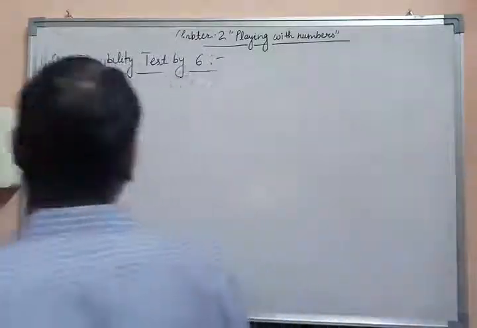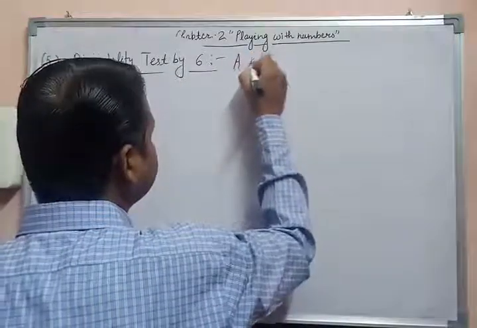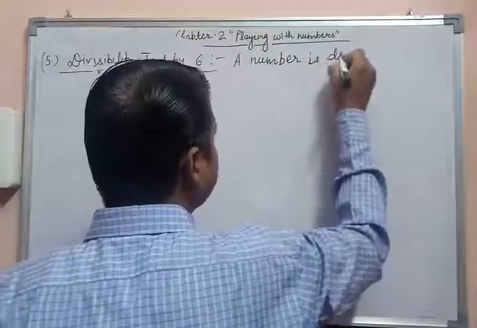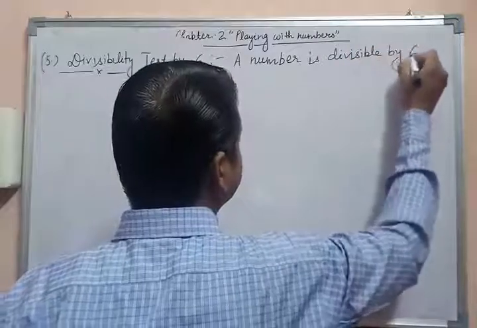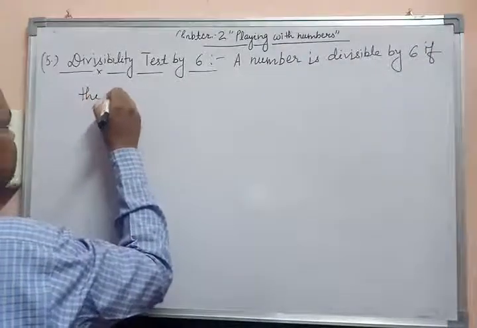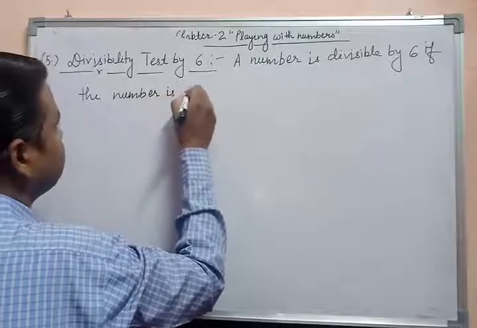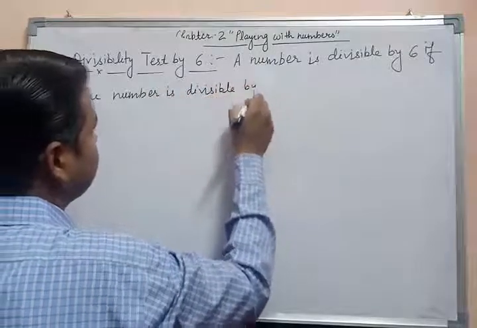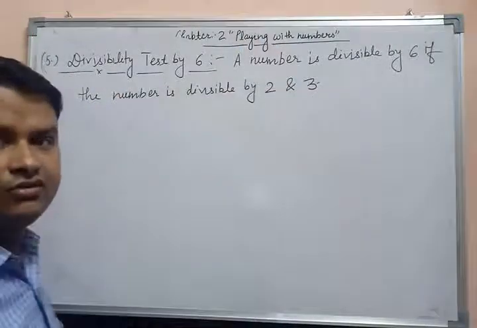So this is the rule: a number is divisible by 6 if the number is divisible by 2 and 3. 2 and 3, not 2 or 3.